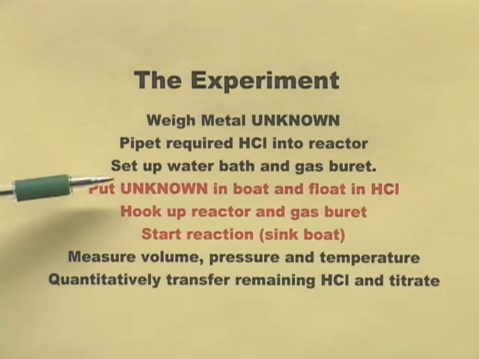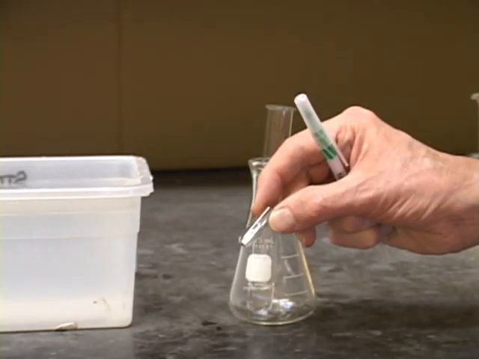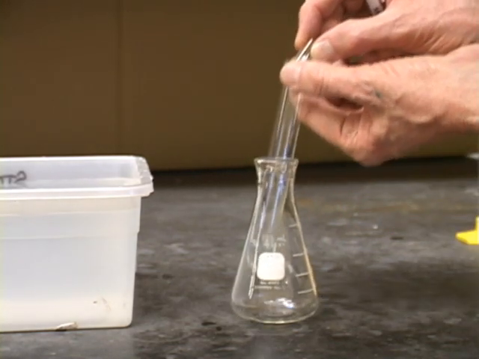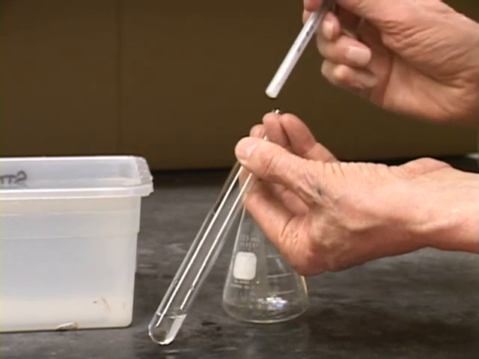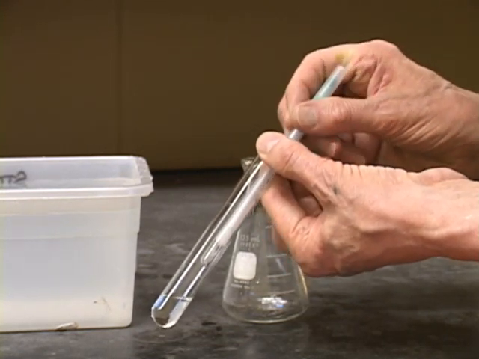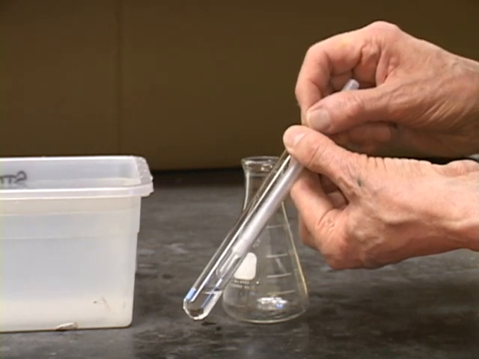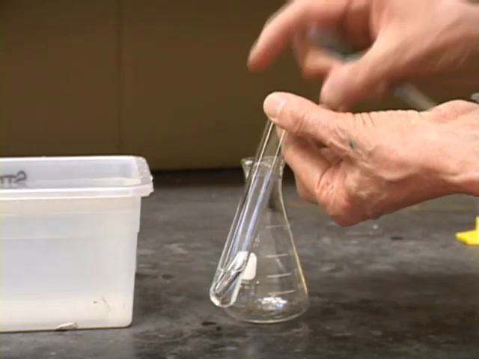And the fun really begins. We hook everything up and we start the reaction. We've put the metal in the boat, and the tube contains the pipetted HCl. So carefully slide the boat down the tube until it floats. Let it get there, and that's it.